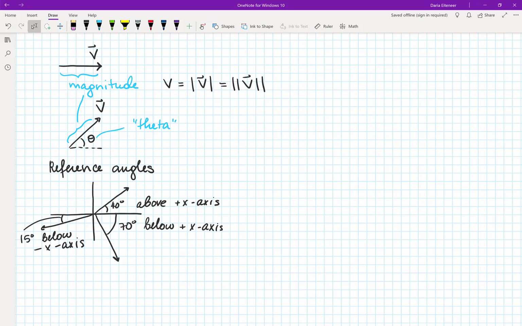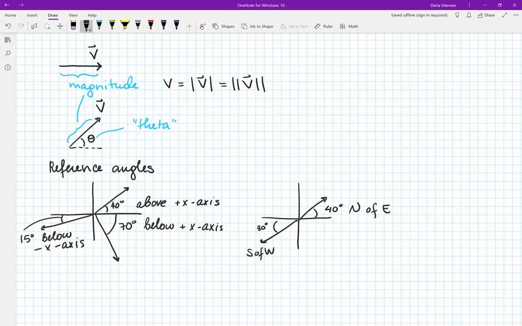But sometimes people do say something like this, right? 40 degrees north of east, or 30 degrees south of west. So you can use that once in a while, not always, only when it's appropriate for the problem.